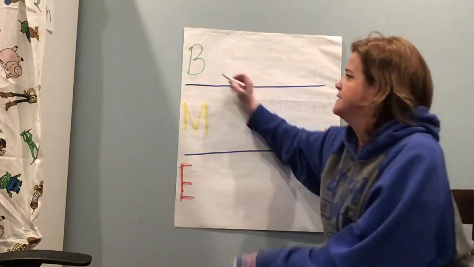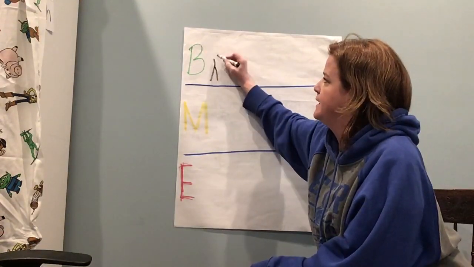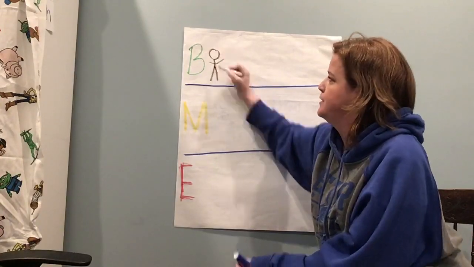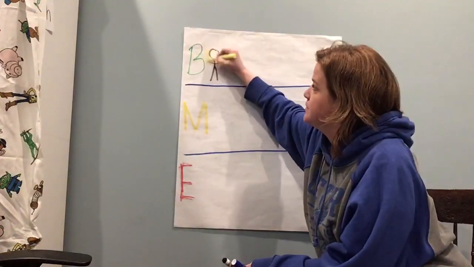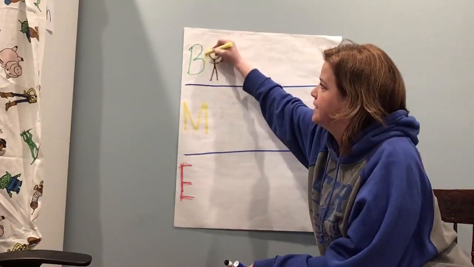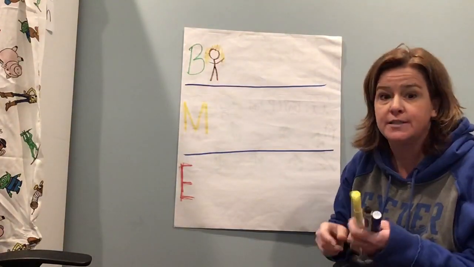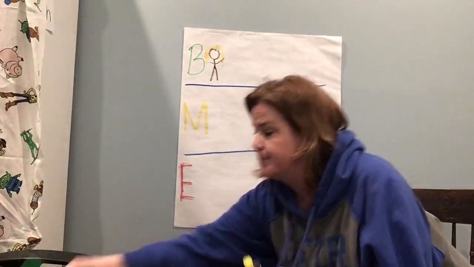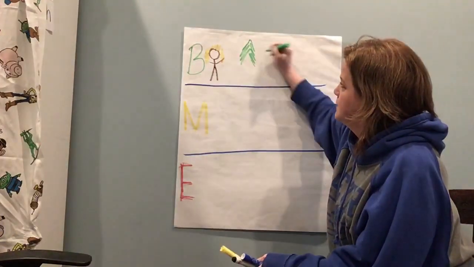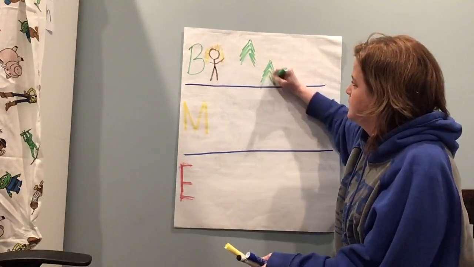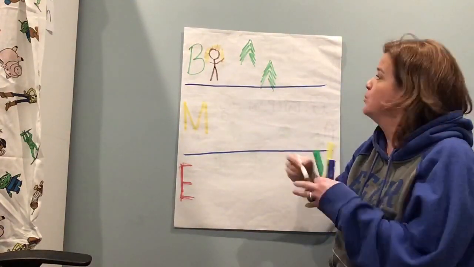Well, Goldilocks is walking in the forest. Doo-dee-doo-dee-doo. She's just walking along, minding her business, doing what she wants to do. Make sure you have her gold hair. I'm going to make some of my trees. Okay, she's walking.